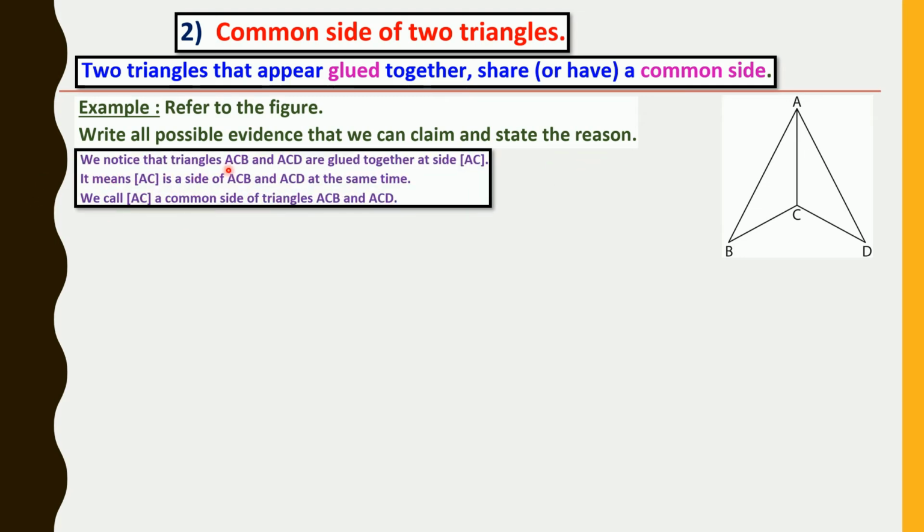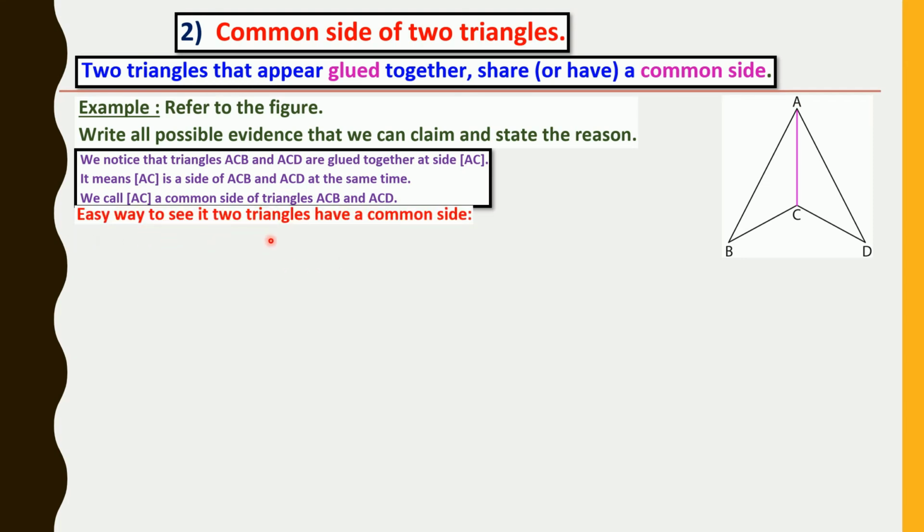We notice that triangles ACB and ACD are glued together at side AC. It means AC is a side of ACB and ACD at the same time. We call AC a common side of triangles ACB and ACD.